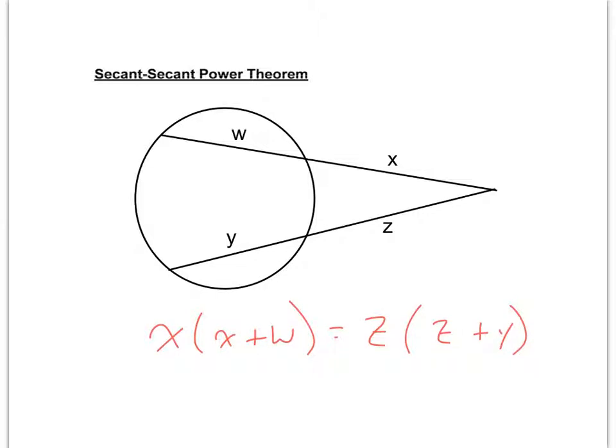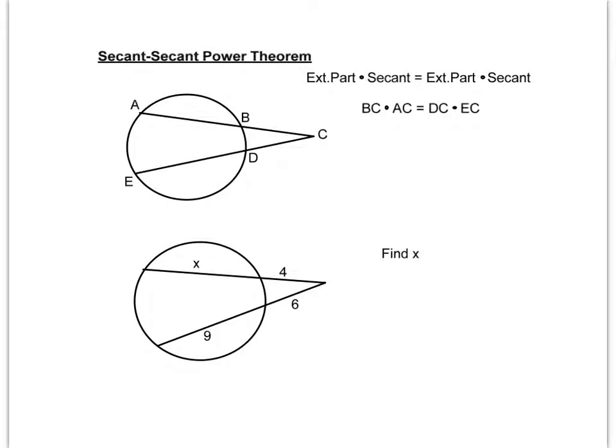So we can see now, once again, I got the outside part, x, times the total part, x plus w, is equal to z, the outside part, times the total part, z plus y. So looky right here, we got, again, BC, the outside part of my secant, times the total part, AC, is equal to the outside part, DC, times the total part, EC.